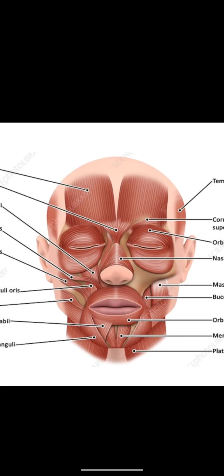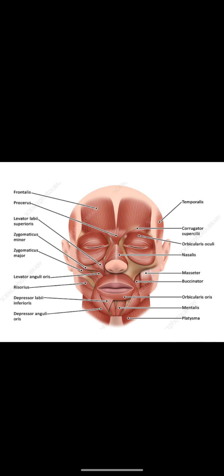Remember, we did Orbicularis oculi, the muscle of the eye, and now we are doing Orbicularis oris, the muscle present around your mouth. Then you have Z, Zygomaticus major and Zygomaticus minor. Okay. Now moving forward to its diagram.